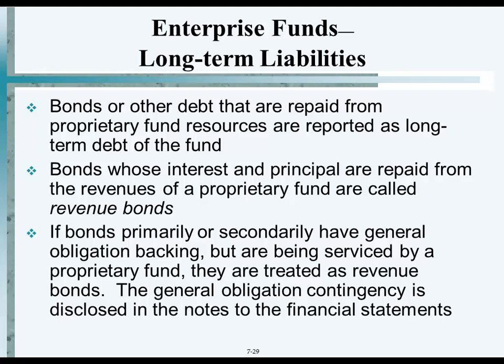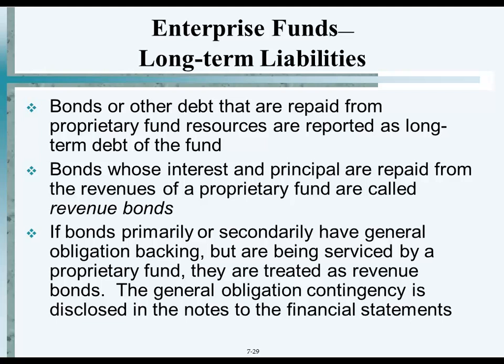What does this mean? It means basically if they are revenue bonds, you need to show them in the financial statement of the enterprise funds. If they are general obligation bonds of the municipality, they are not the responsibility of the business type activity and therefore do not show up in that business enterprise long-term liabilities.